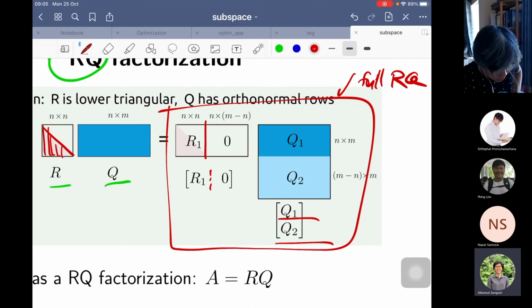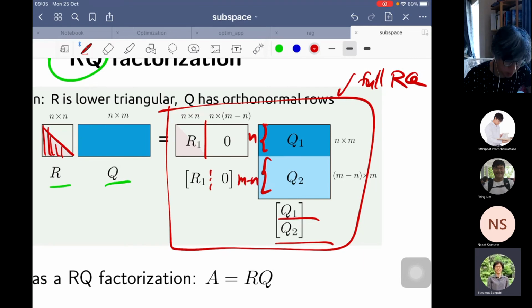The size is the following. The rows of Q1 is n, the rows of Q2 is m minus n.